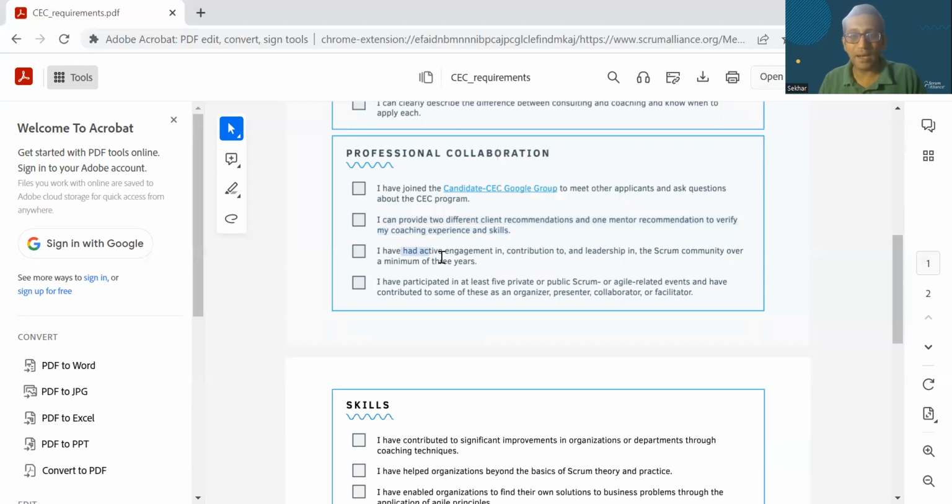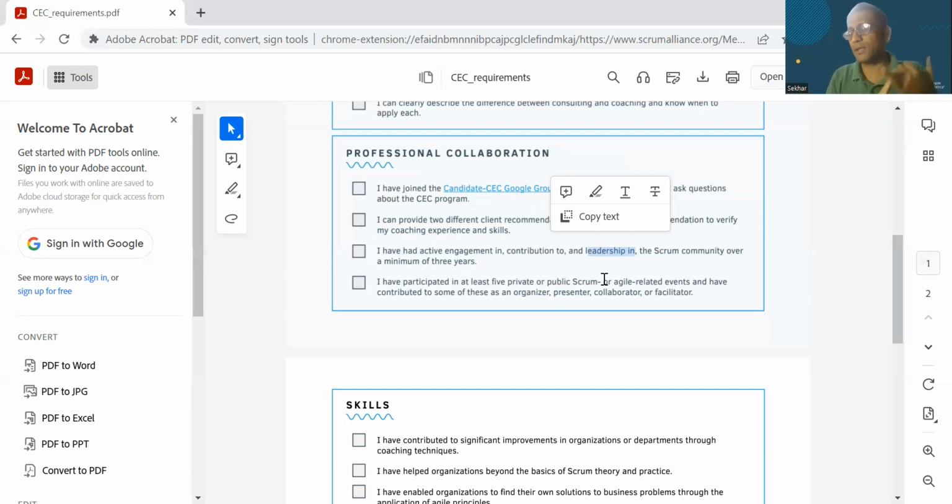And have an active engagement in contribution and leadership. Predominantly, if I'm the reviewer, I look for a lot of leadership, at least at the CEC level. So leadership includes, in an agile community, volunteering at meetups, or speaking at a regional or global gathering, or something equivalent of that scale.